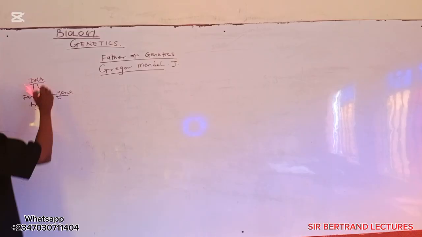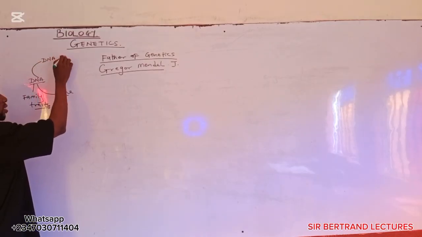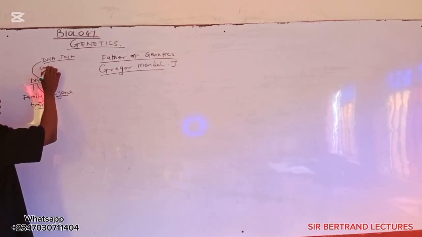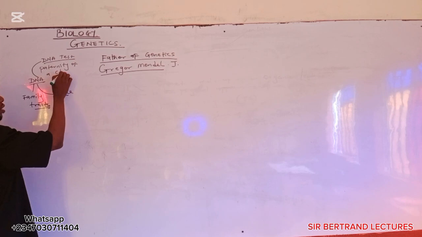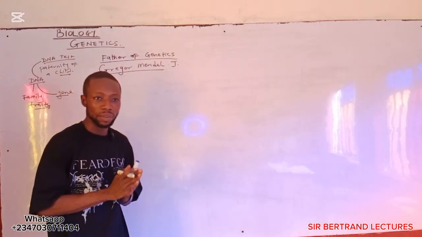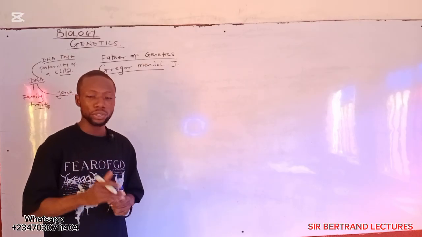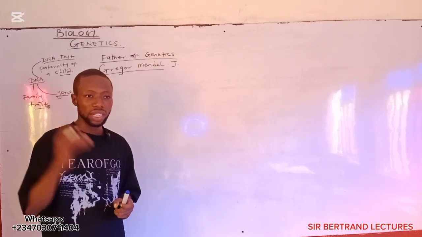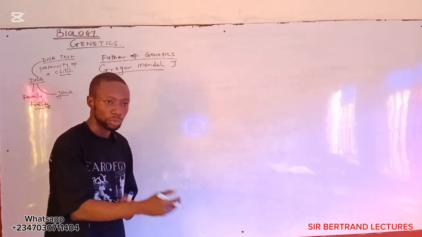And that is why a DNA test is used to determine the paternity of a child. Okay, the test used to determine the paternity of a child is the DNA test, and the reason is that DNA contains the family traits or characteristics which must be transferred from the parents to the offspring.